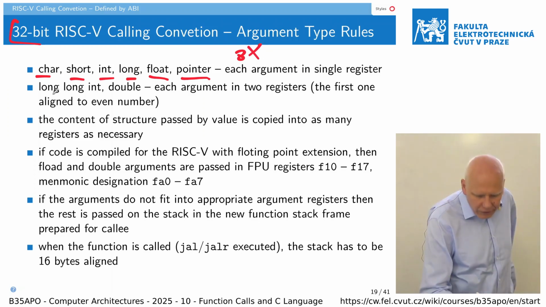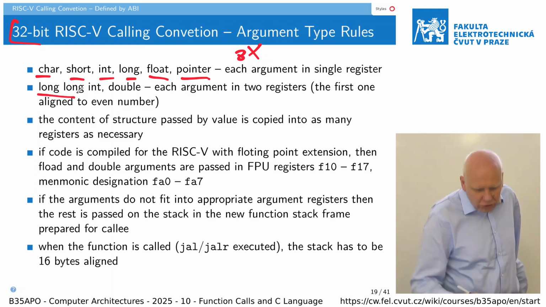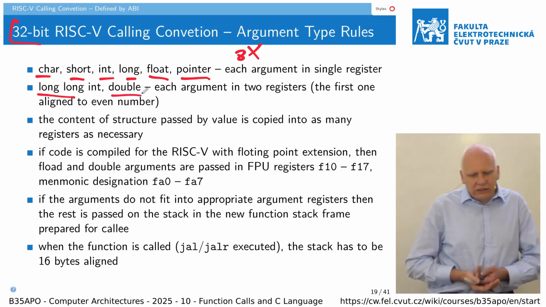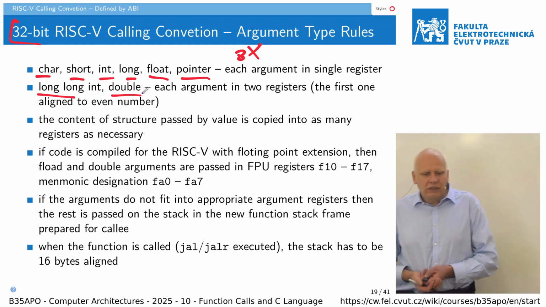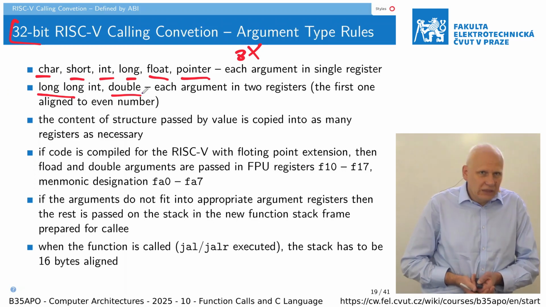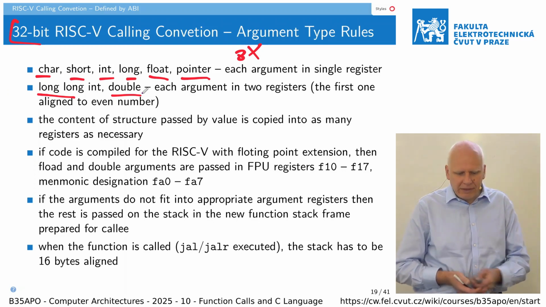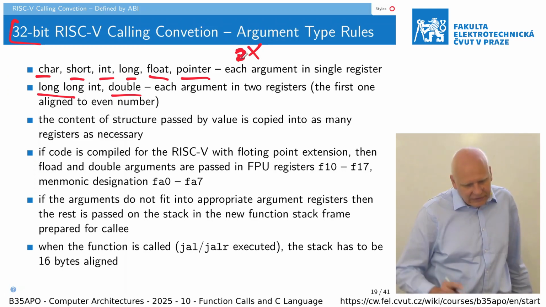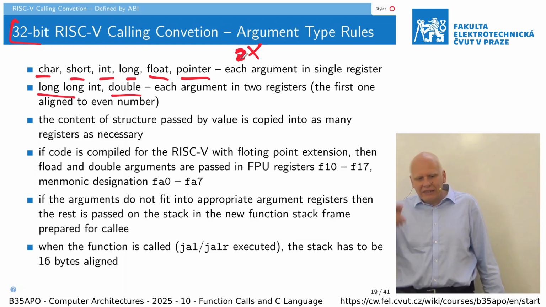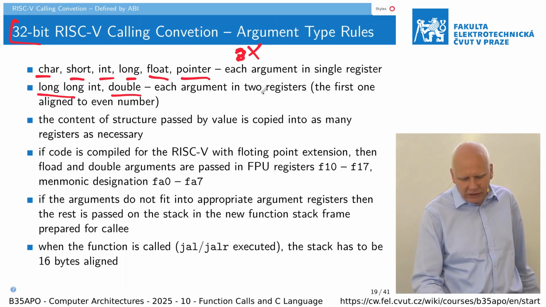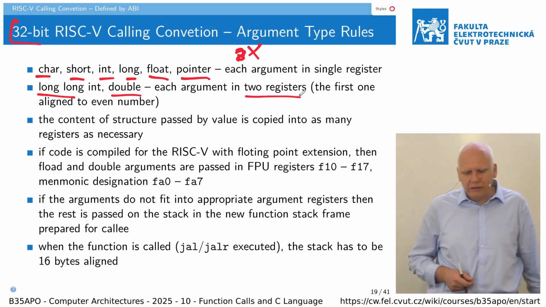If you have a long long, so a 64-bit integer, or a 64-bit double value, then in the integer-only processor implementation, those will be passed through AX registers as well, but in a pair, because 64 bits do not fit into a 32-bit register, so those are in a pair.